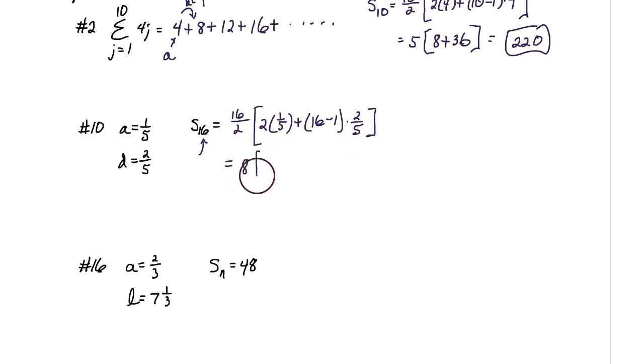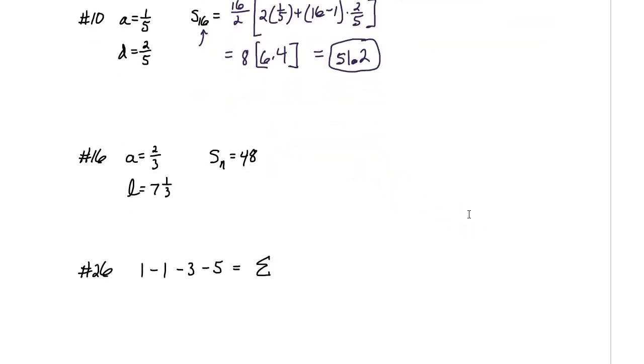This makes 8 times, and then take a calculator and figure out the stuff inside the bracket. That makes 6.4. So finally, 8 times 6.4. And the result is 51.2 if you use decimals. If you want to use fractions, that's 51 1/5.